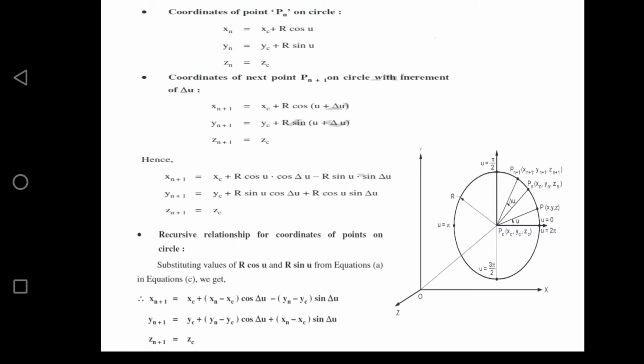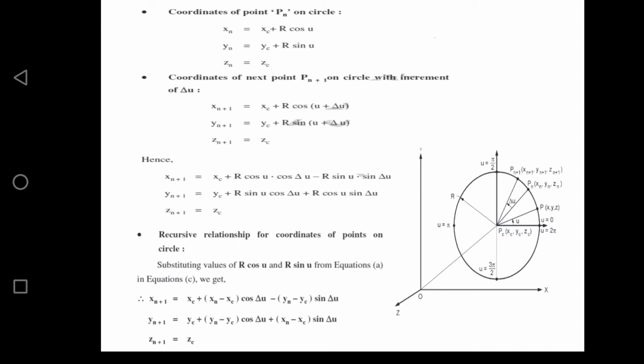So xn plus 1 is xc plus r cos (u plus delta u), yn plus 1 equals yc plus r sin (u plus delta u), and zn plus 1 remains zc, because the angular position is only changing in the x direction and y direction but not in the z direction.